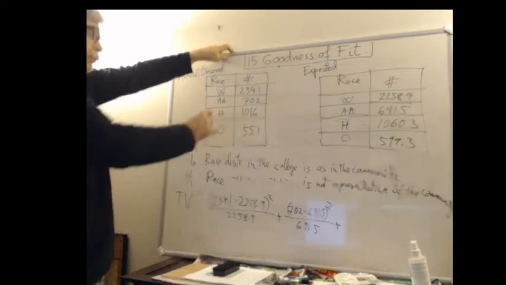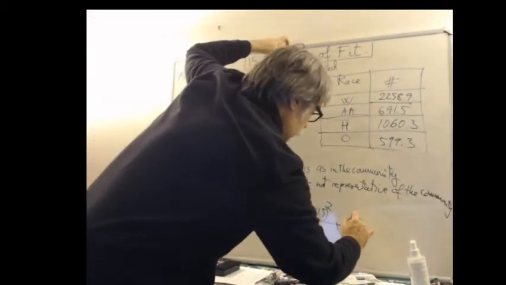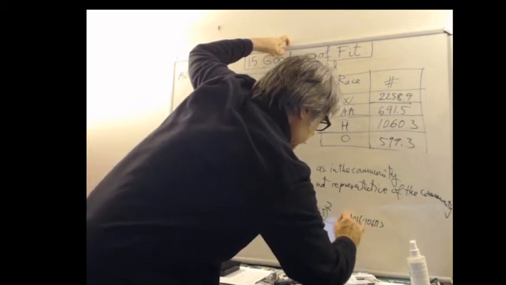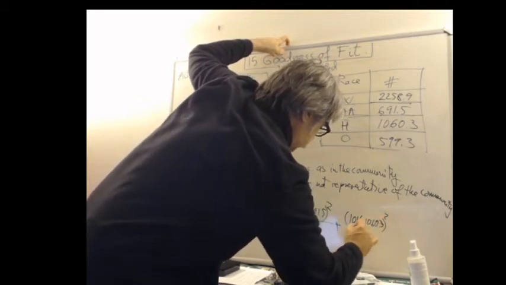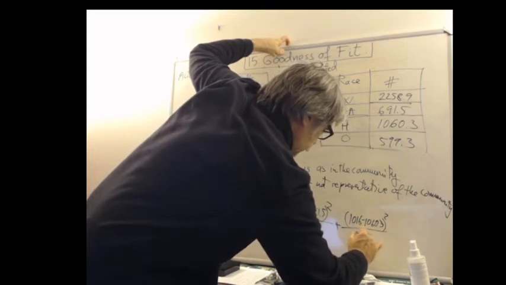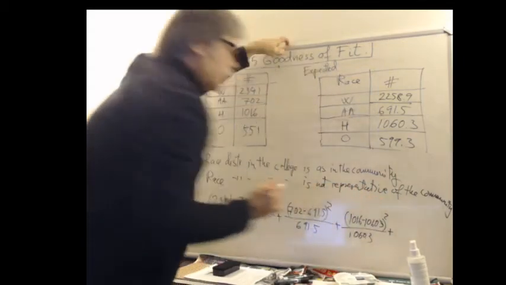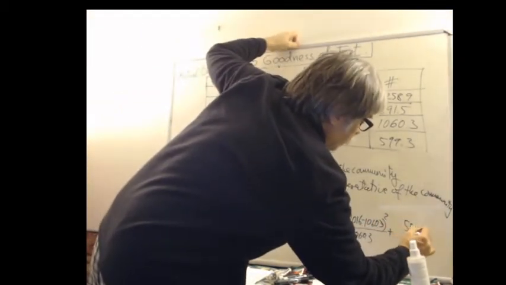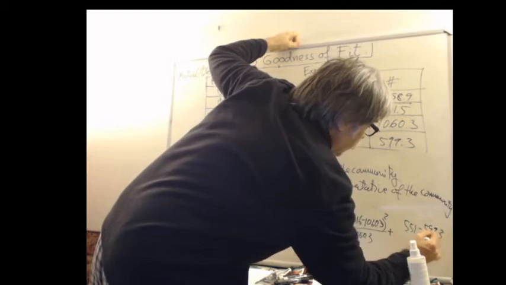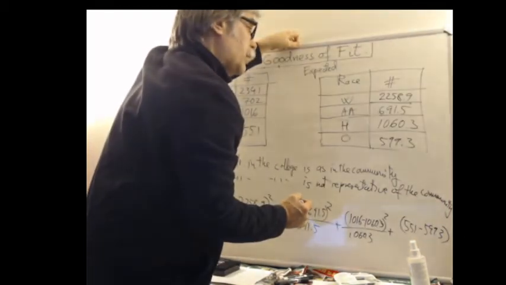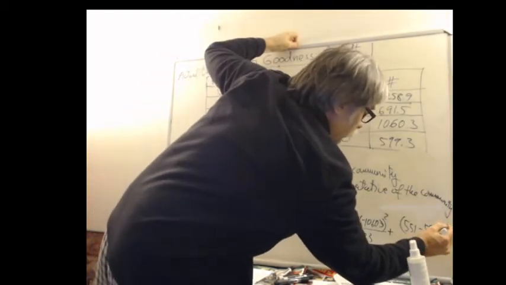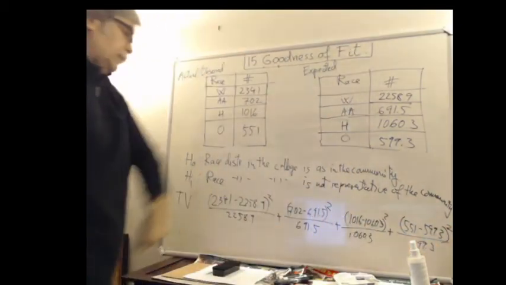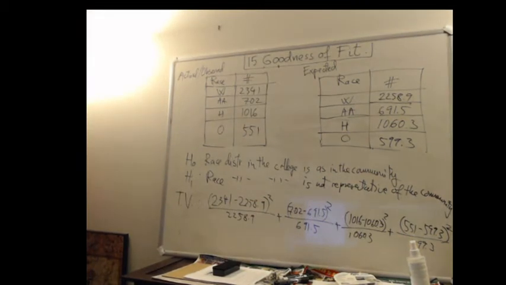The next number, 1016 minus 1060.3, square that, divided by 1060.3, plus the last number, 551 minus 599.3, square that, divided by 599.3. Okay, lengthy calculation, right?